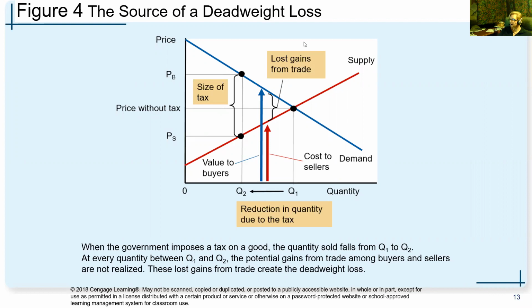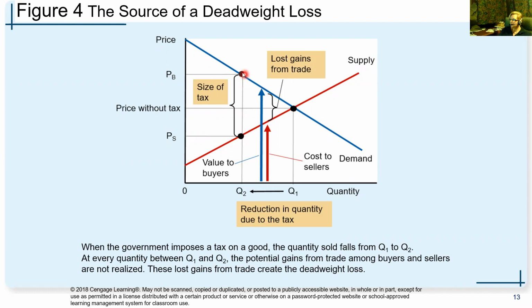In this particular example, what you're seeing here is because we have the tax, which is now at Q2. If we follow this line of Q2 up, here's the value to the buyers, here's the cost to the sellers.